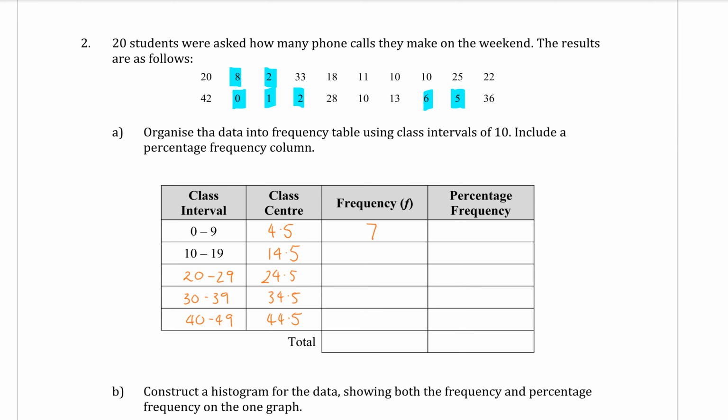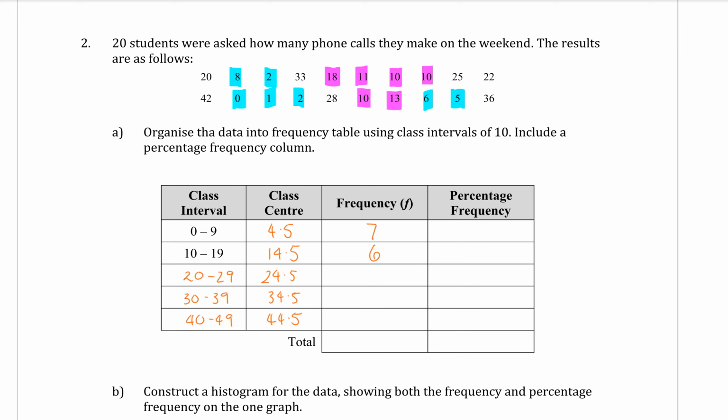Go through your data again. And we now want to look for numbers between 10 and 19. Missed 18, there it is. I don't miss one. All right, so yes, you get 6. All right, next one.